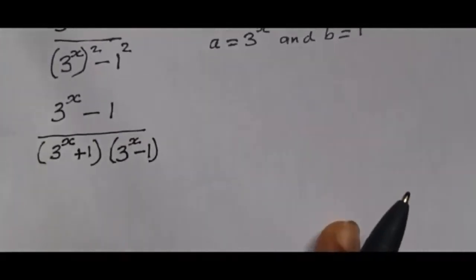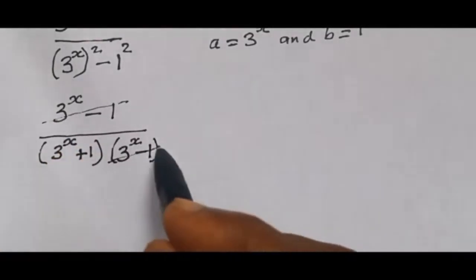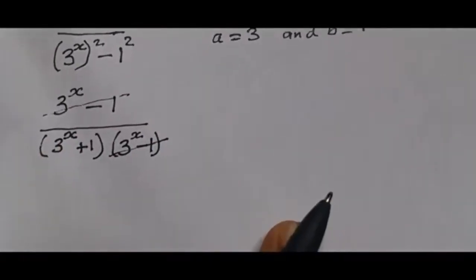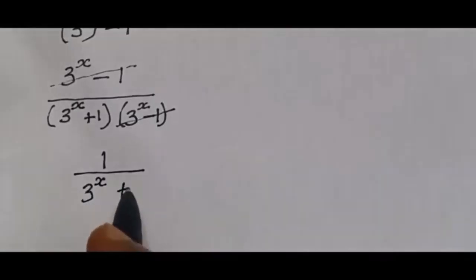Obviously, in this case, we find that this one cancels with this one. So therefore, we remain with 1 over 3 raised to power x plus 1. This is our answer.